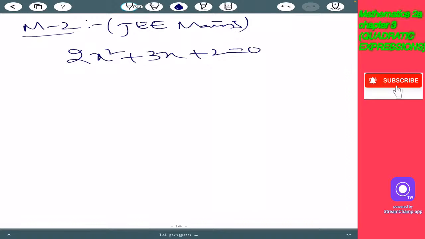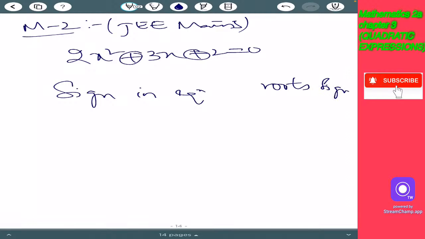If the signs of this equation, like over here and here, if I say sign in the equation and root sign, think that you have 2 plus signs in your equation, then you will get 2 minus signs for your roots, minus and minus, negative roots.